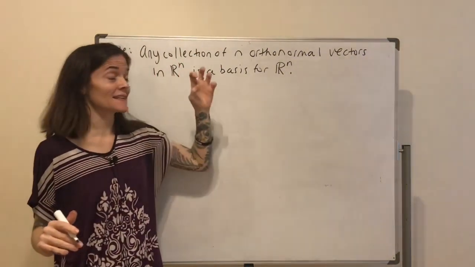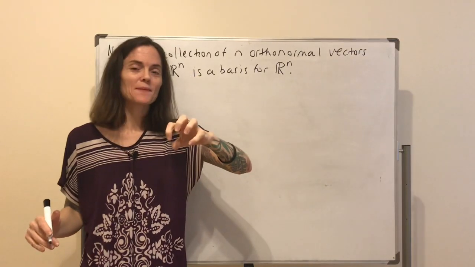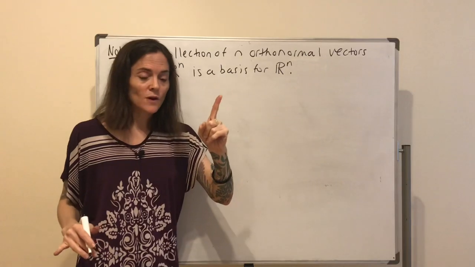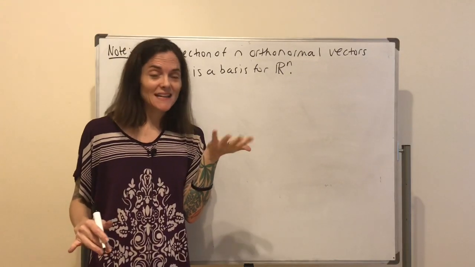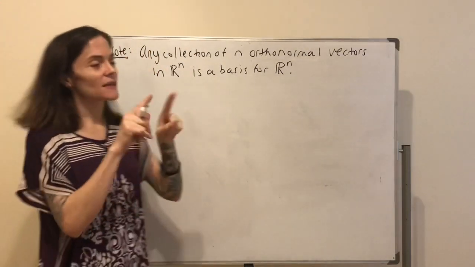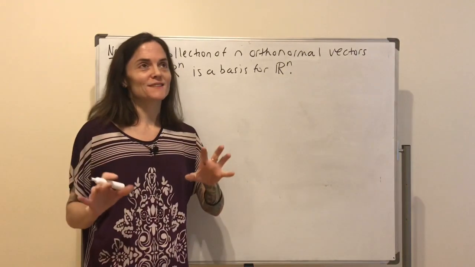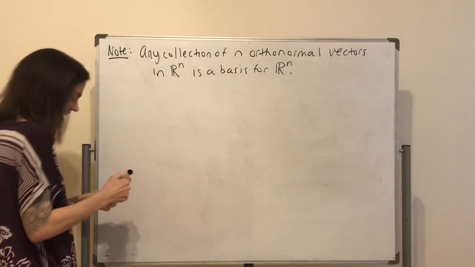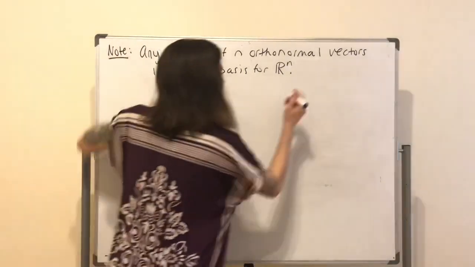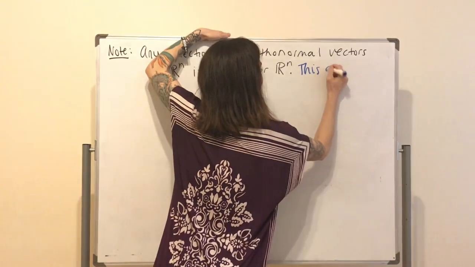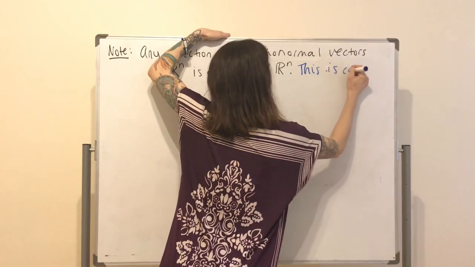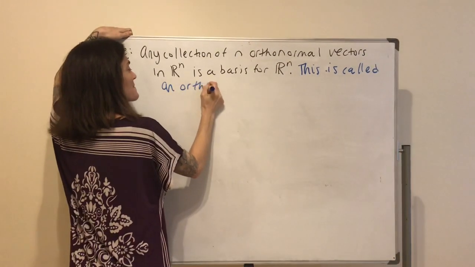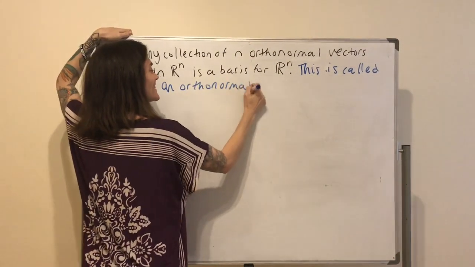Because we have n vectors. That's how many we need in a basis for Rn. And what we just proved is, because they're orthonormal, this collection must be linearly independent. So anytime you have a collection of n orthonormal vectors in Rn, you have a basis. And it has a name. This is called an orthonormal basis. Maybe this part shouldn't be a surprise to you.